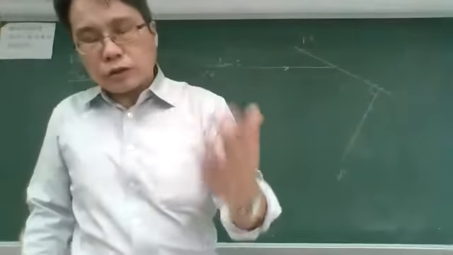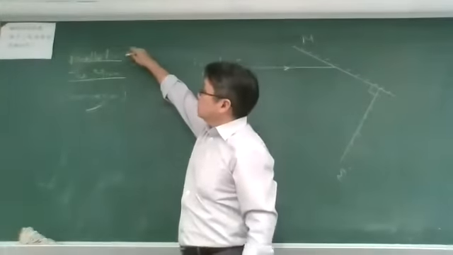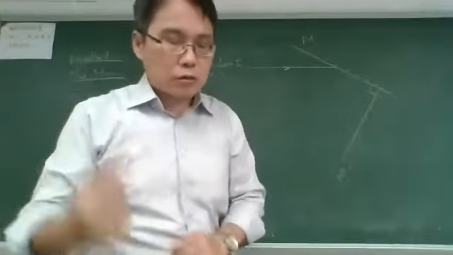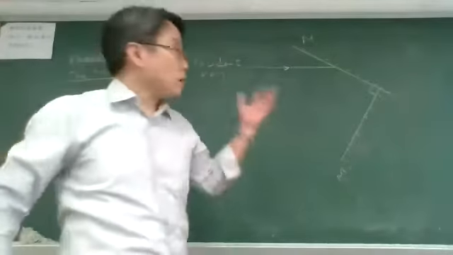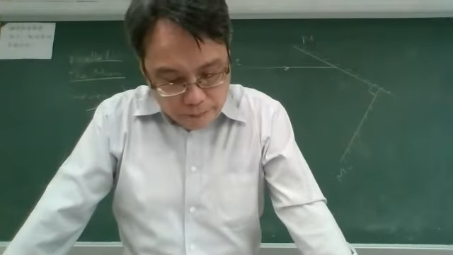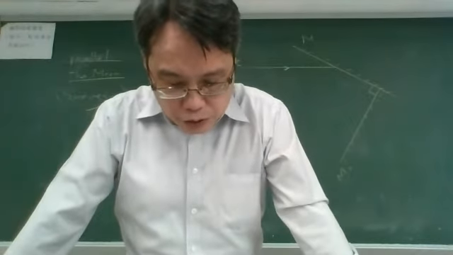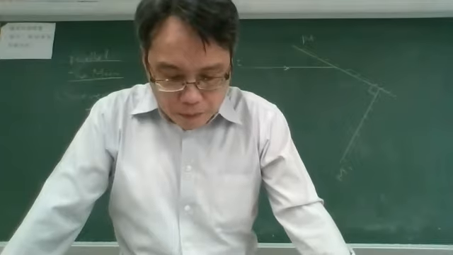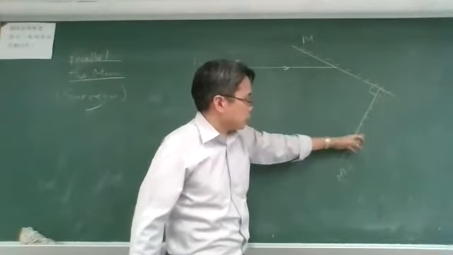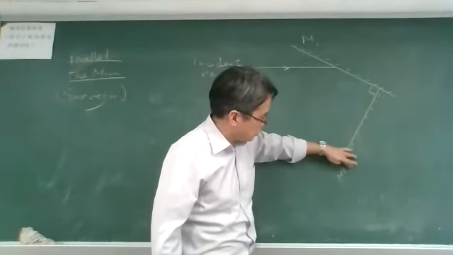If this angle is not 90 degrees, for example 60 or 70 degrees, then our conclusion does not hold: the emergent ray will not be parallel to the incident ray. So how do we solve a problem like this? We are asked two questions. A: what is the angle of refraction after refraction on mirror 2? There is one refraction and then two refractions. You are asked to find the angle of refraction at mirror 2.